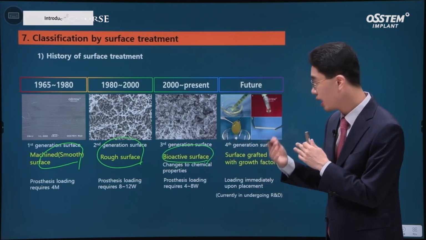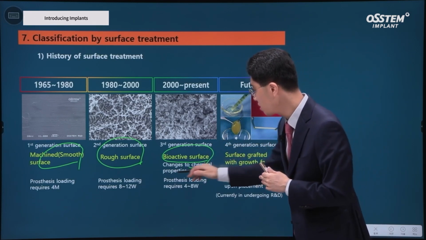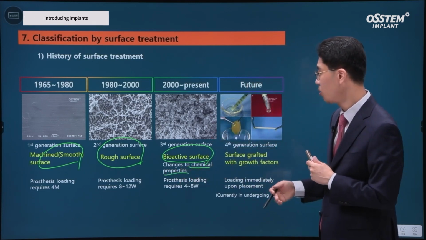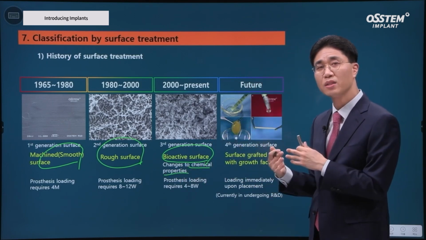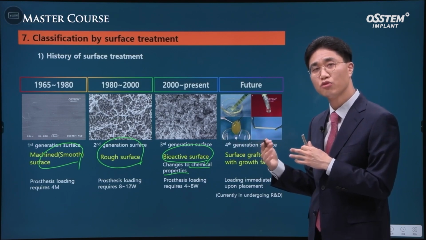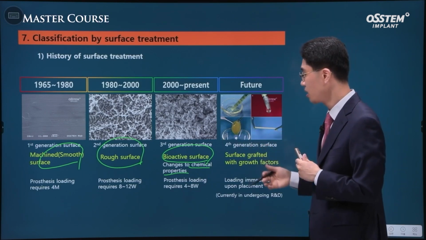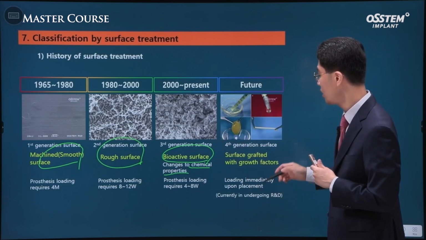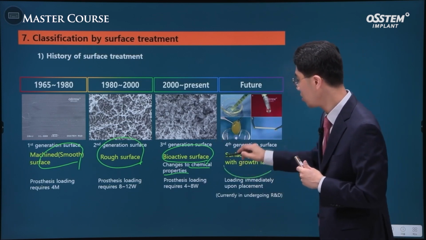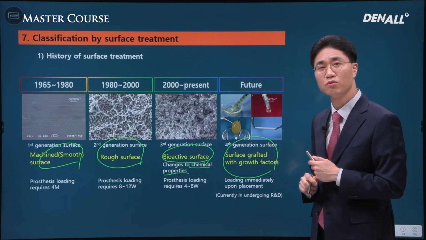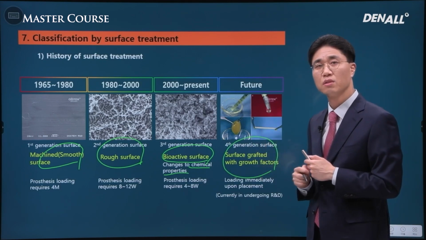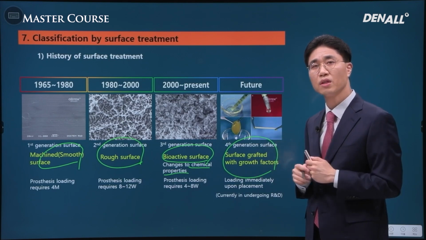On rough surface, additional chemical properties have been added to hasten osseointegration and to allow earlier loading. I believe better surfaces will be available in the future. Continued research is being conducted in all implant companies.